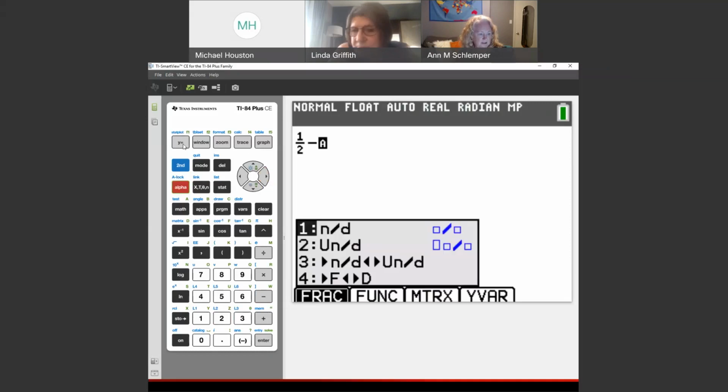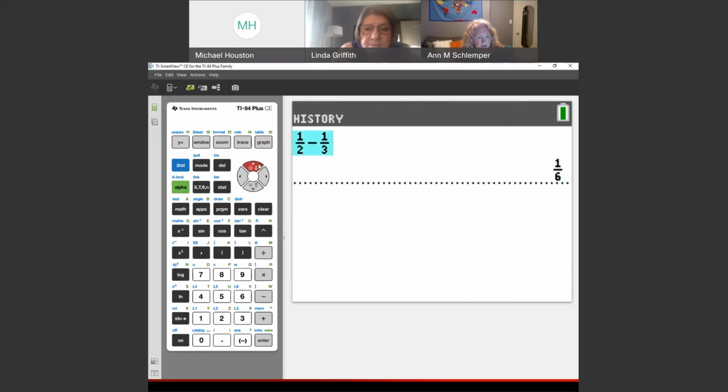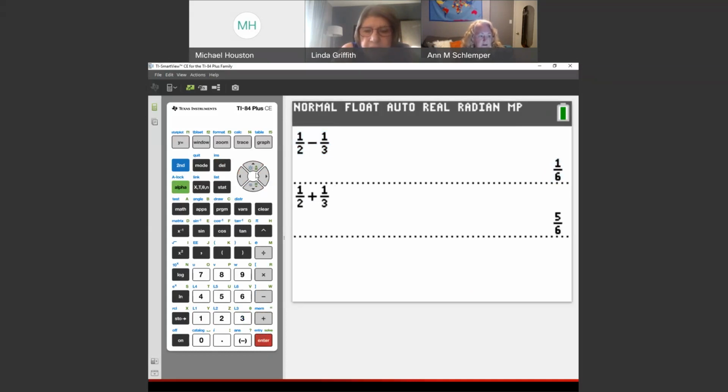And then just a little quick hint: if you are operating with them, it's kind of cool. If you wanted to subtract them or quickly change it to addition, you can just go up on top of that and change it to addition. And so then you don't have to keep entering things, but you can do this with any operation.